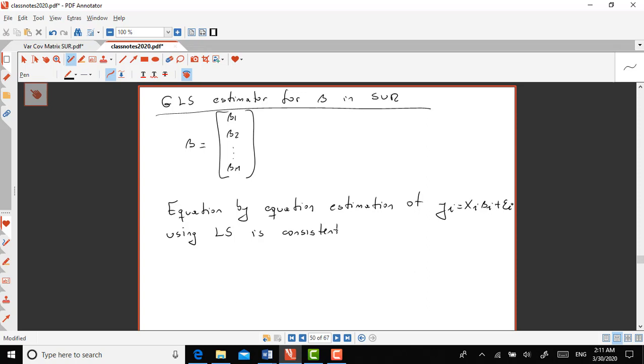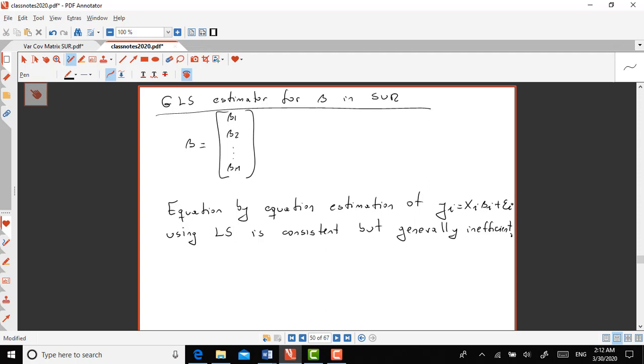But the problem is the lack of efficiency. The inefficiency is due to the fact that we are not considering the structure of the variance covariance matrix of the error.